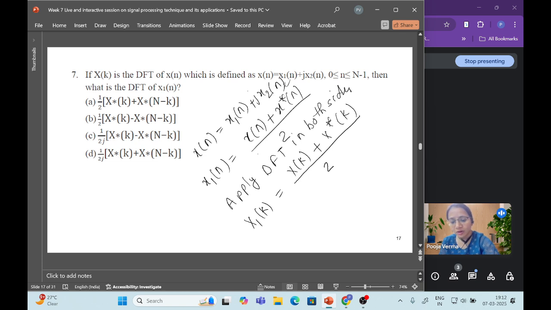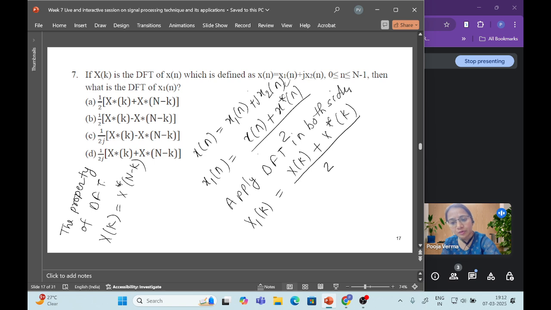Now already we know the property of the DFT, that X(k) is equal to X conjugate of (N minus k). That conjugate property we have seen.